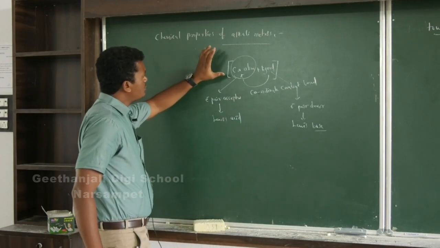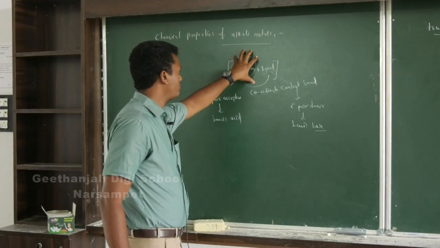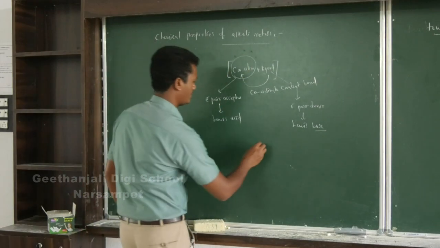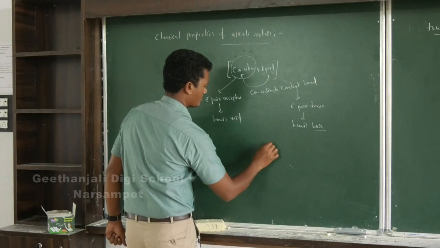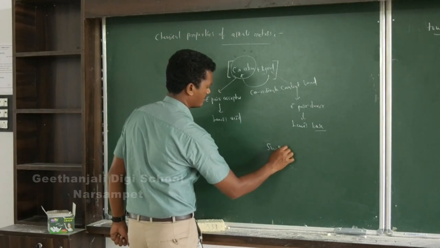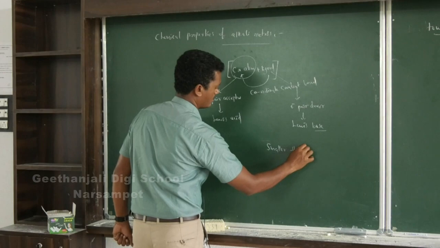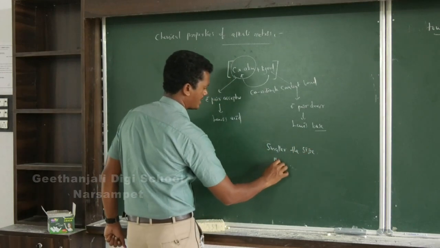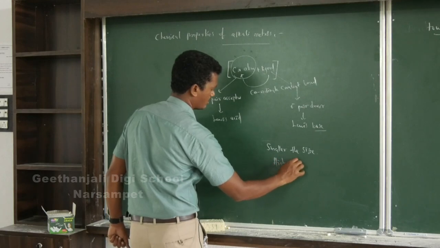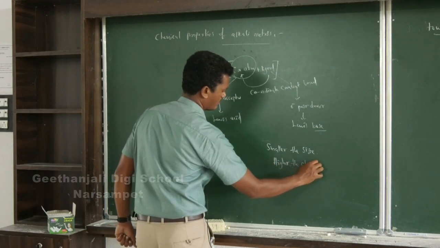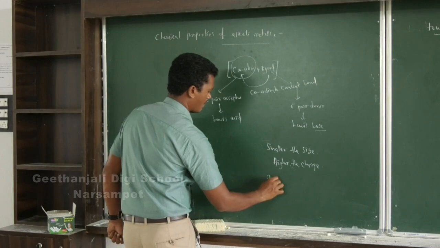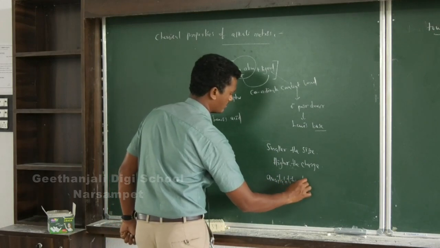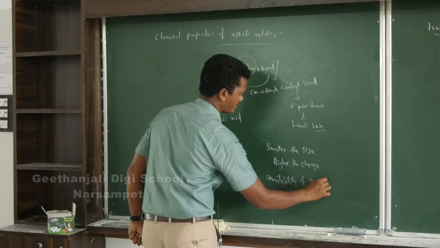The capacity to form this complex compound is decided by some factors. One is smaller size, higher charge, and availability of vacant d orbitals.